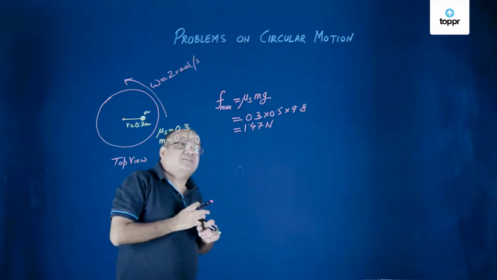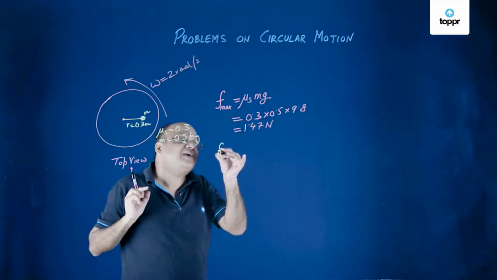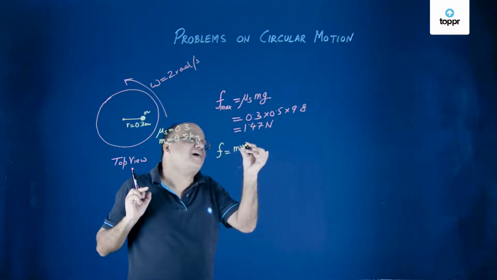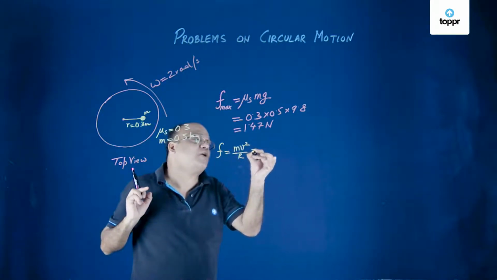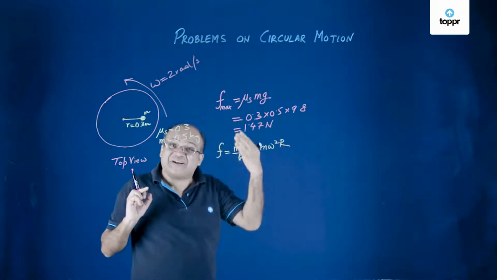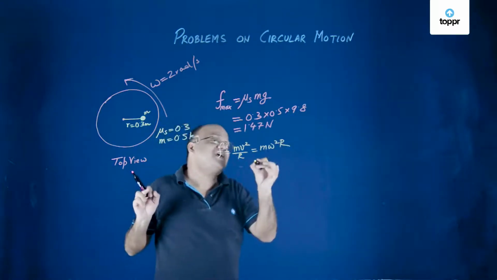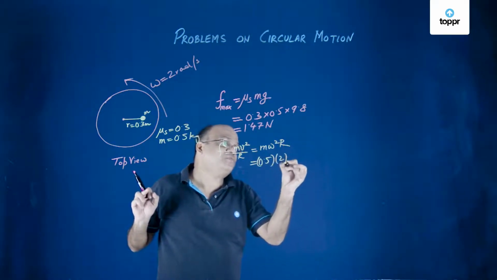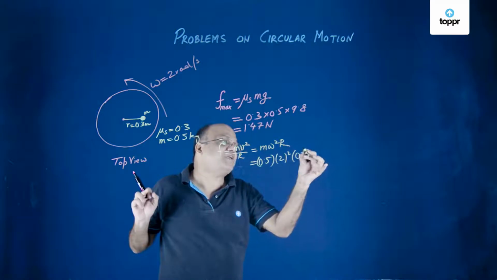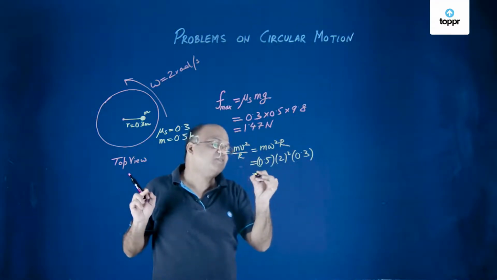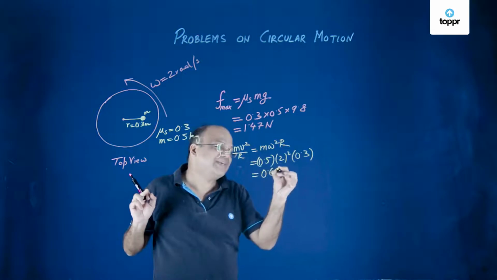So the friction that comes into play is equal to mv square by r, that is also equal to m omega square r. Friction provides the necessary centripetal force. M is 0.5, omega is 2, and radius is 0.3. So you'll get 4 into 0.5 is 2, 2 into 0.3 is 0.6 Newton.